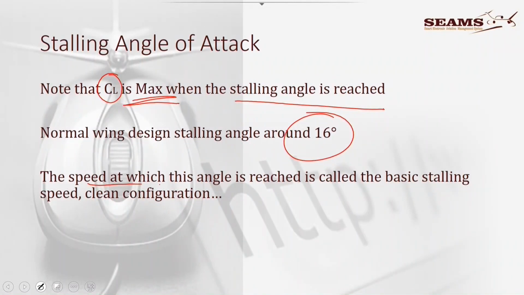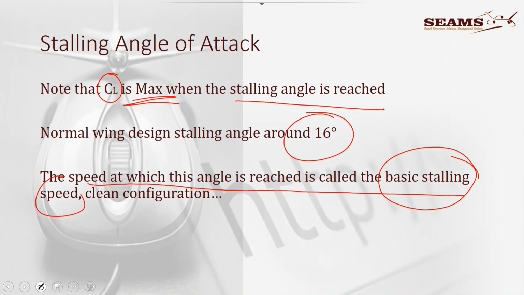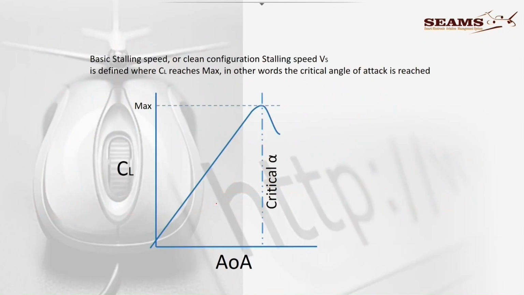Now, the speed at which this angle is reached is called the basic stalling speed. And remember, that is in clean configuration. So what I'm saying is that basic stalling speed, or clean configuration, Vs, is defined where CL reaches a max.